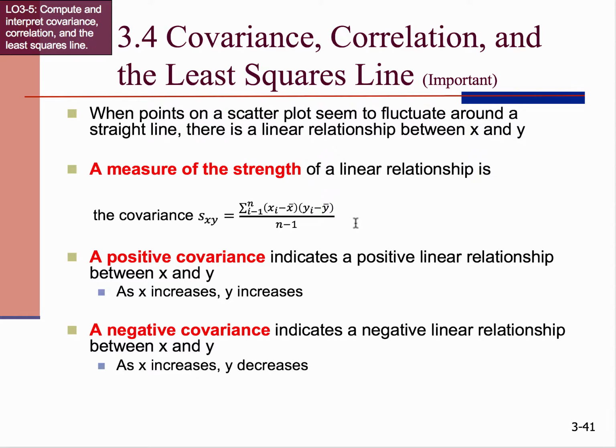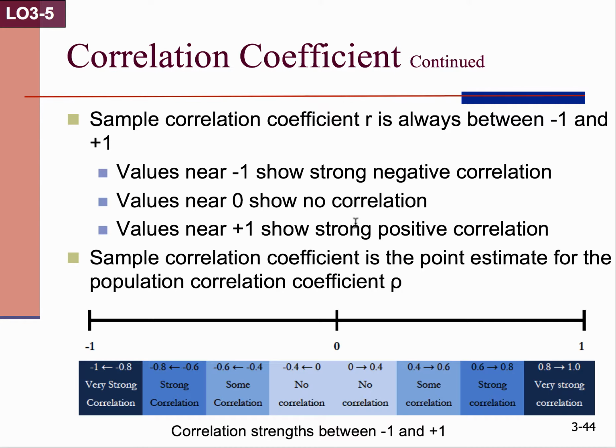So let me show you this rule of thumb. In general, any value of correlation goes between -1 and 1. Always, always. If you calculated the correlation and the value is outside this range, that means you did something wrong. Okay?